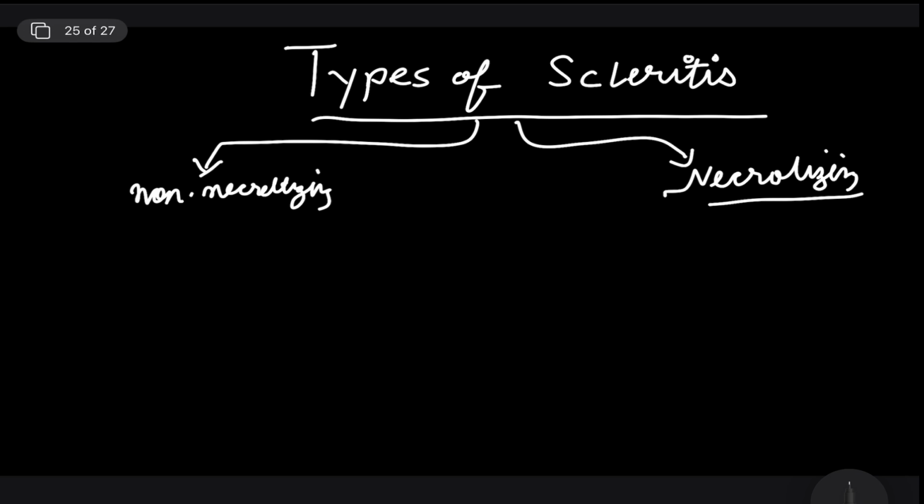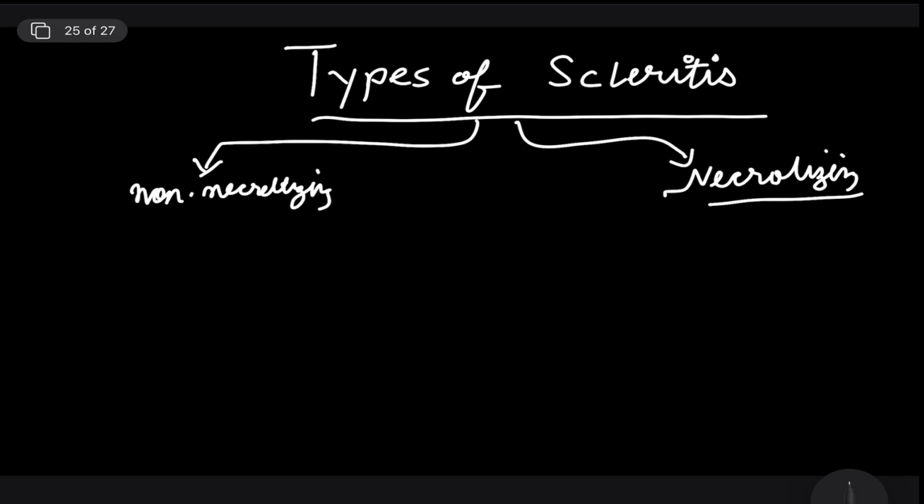Necrosis, we obviously know, is the end result of a lot of inflammation. If a lot of inflammation goes on and nothing is done to stop it, oftentimes the body part might end up getting necrosed, gangrened. So necrotizing often means that there is extensive damage to tissue. So scleritis can be non-necrotizing or it can be necrotizing.